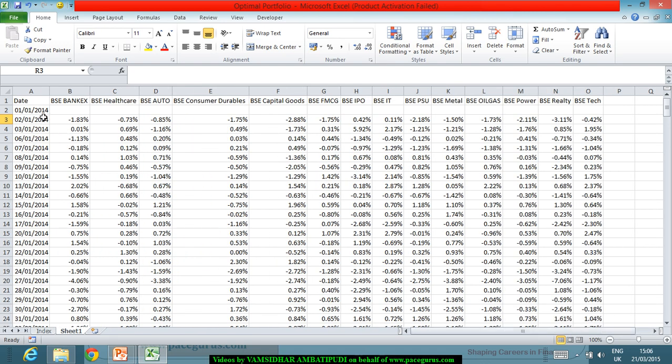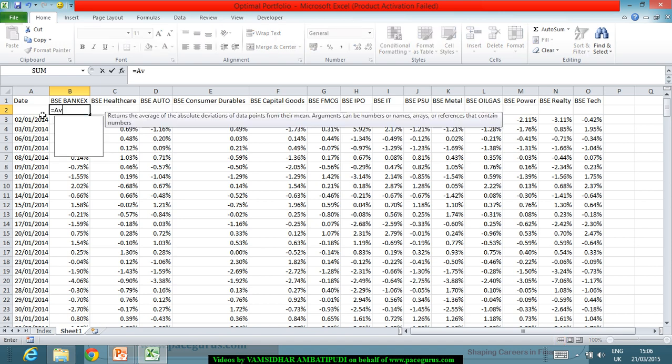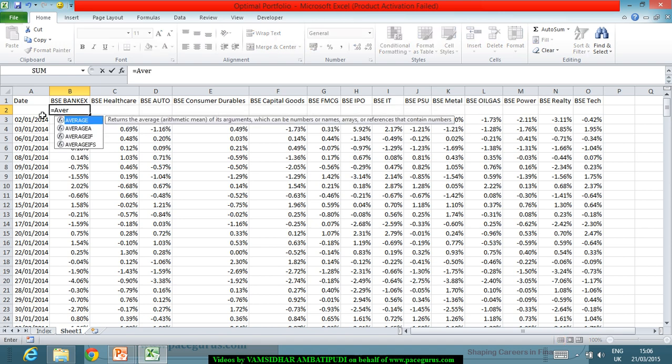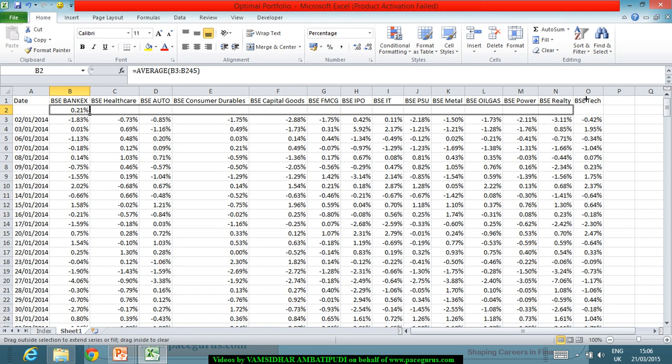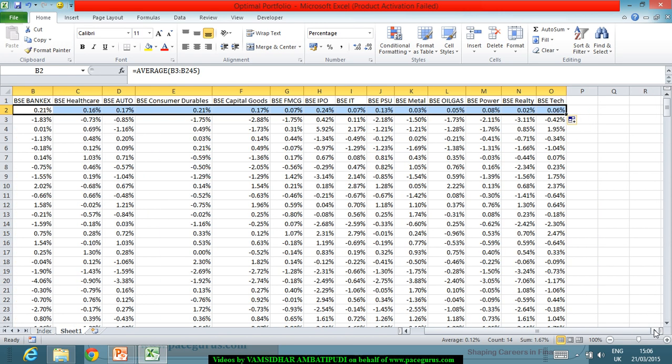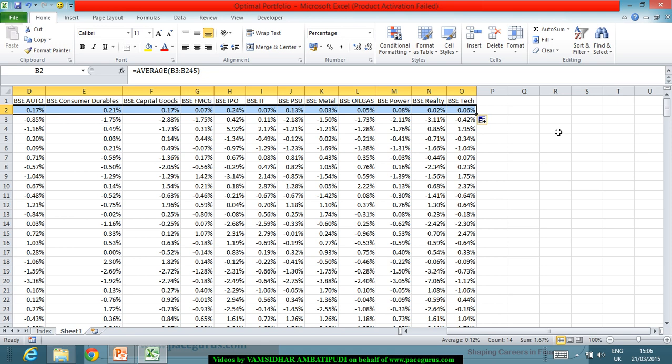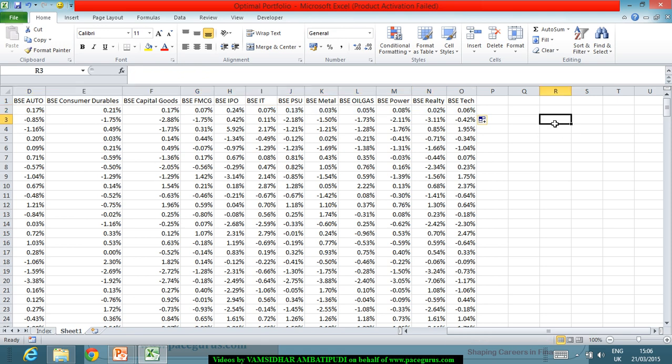So here for comfort level, I'll simply compute the average. I'll simply compute the average return for all of them. So this is the average return across all the sectors. So I'll expect the same to be the return even for the future.